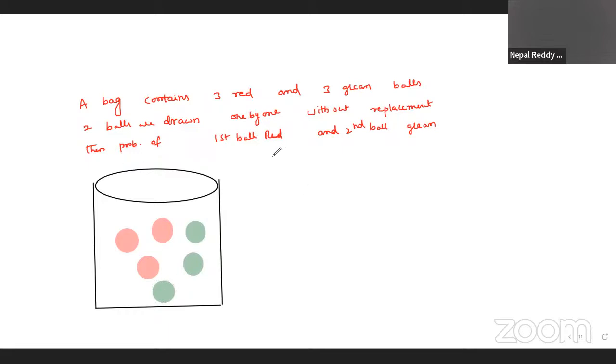Now the probability that the first ball should be red and the second ball should be green. And here the condition is 2 balls are drawn 1 by 1, without replacement.